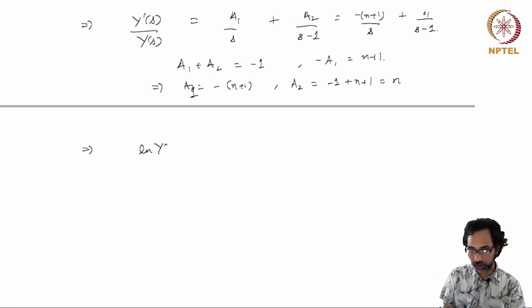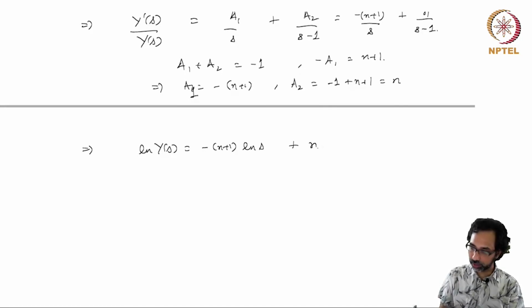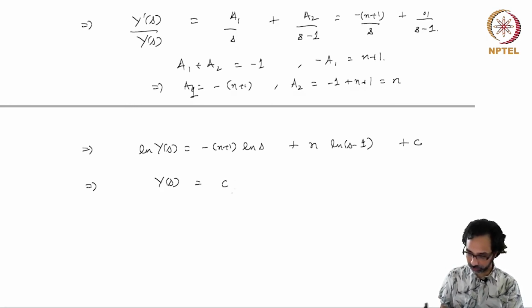We get ln Y(s) equals minus (n plus 1) ln s plus n ln (s minus 1) plus some constant of integration c, and we can take them together to get Y(s) equals some constant c times (s minus 1) to the power n over s to the power n plus 1.